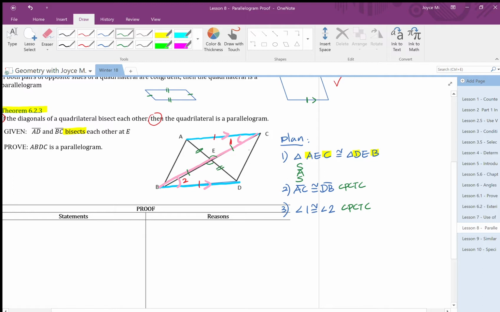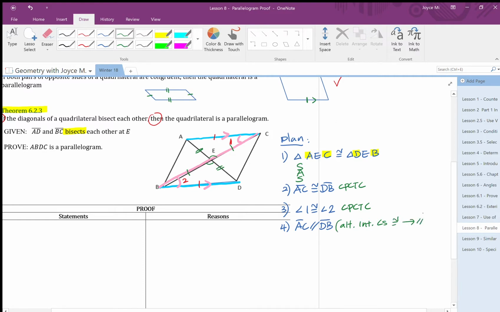It's the same as angle ACB, ACE, or DBE, same as angle 1, angle 2. Now if I have that, I have parallel already. Then I can conclude that AC is parallel to DB because alternate interior angles are congruent, then the lines are parallel.